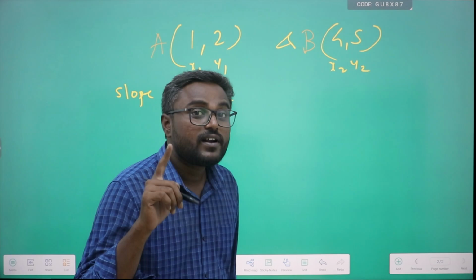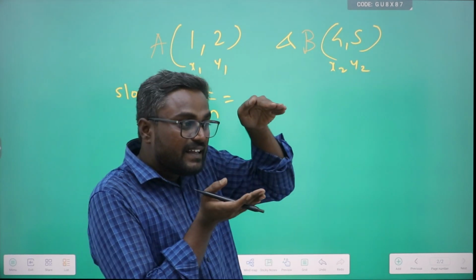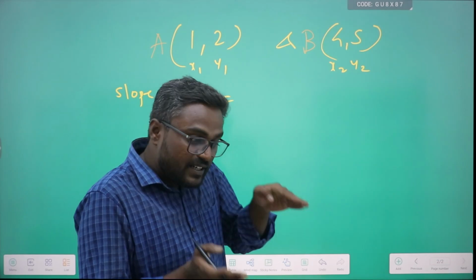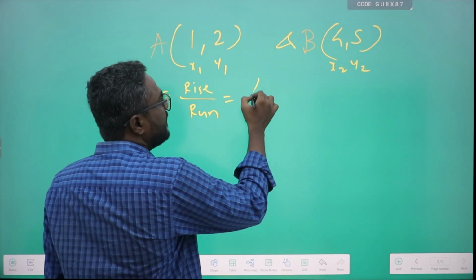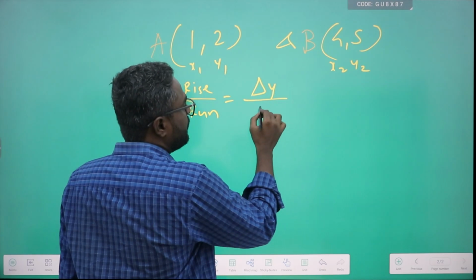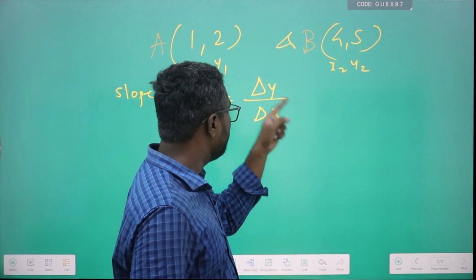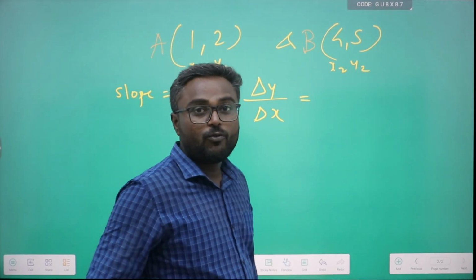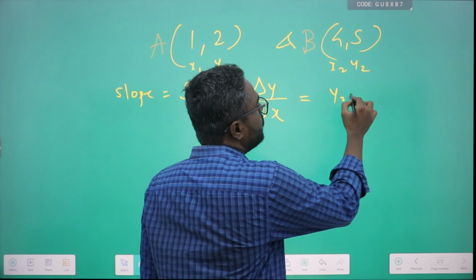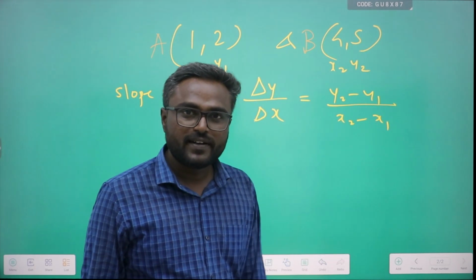And rise over run means we found the difference between the y coordinates divided by the difference between the x coordinates. So I will write it as delta y over delta x. Delta y means difference in y coordinate. Delta x means difference in x coordinate. So I will write it as y2 minus y1 over x2 minus x1.